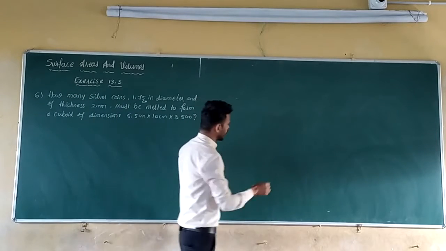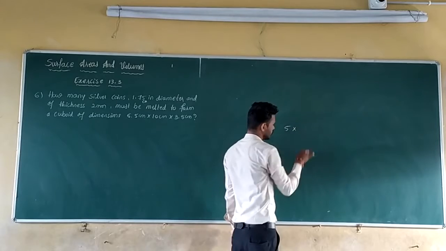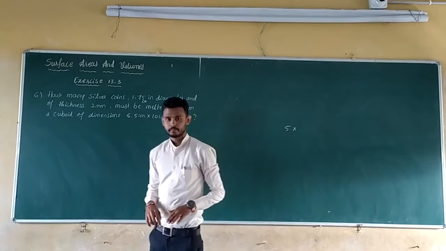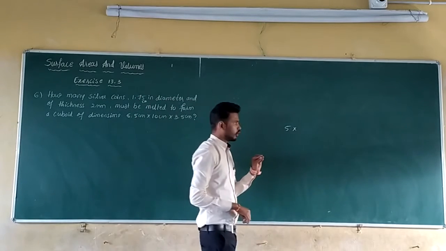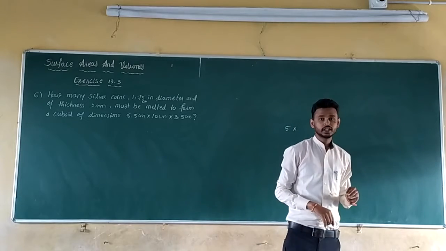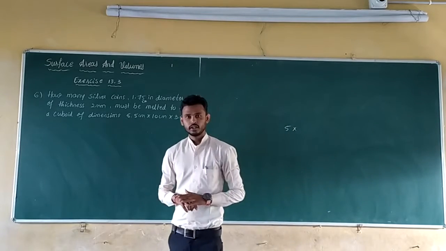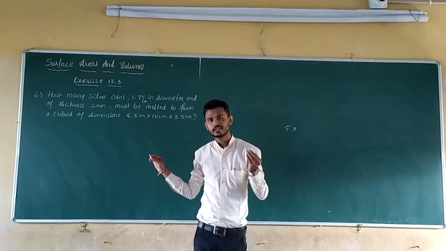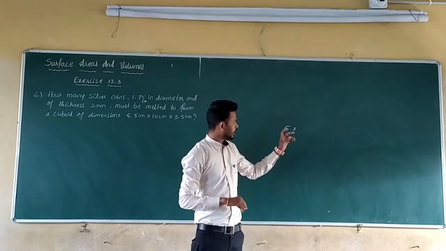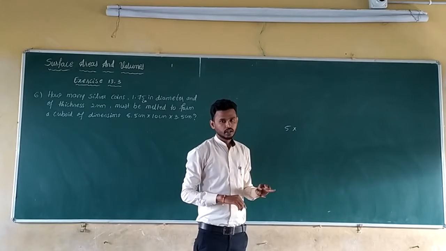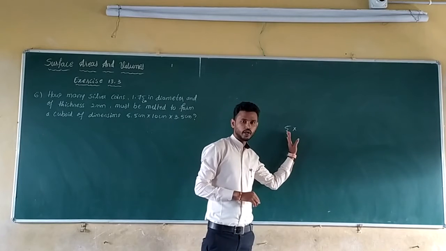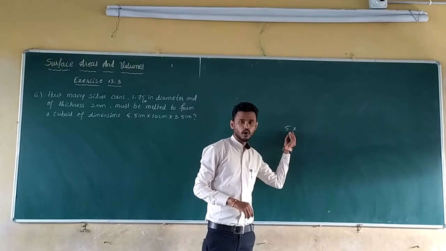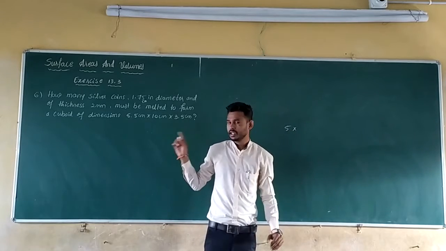So let us assume that I will take 5 coins to make that cuboid. Means what is the constant thing there? The volume of 5 coins will be same as the volume of the resulting cuboid. So if I melt these 5 coins to make that cuboid, then the volume of these 5 coins will be same as the resulting cuboid.